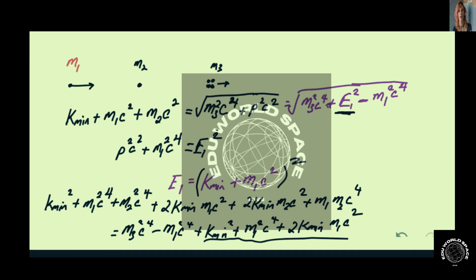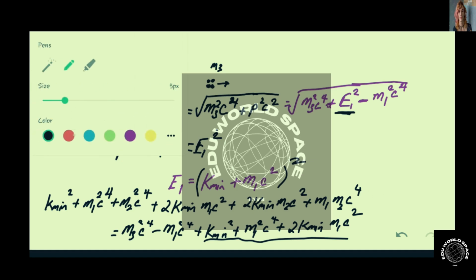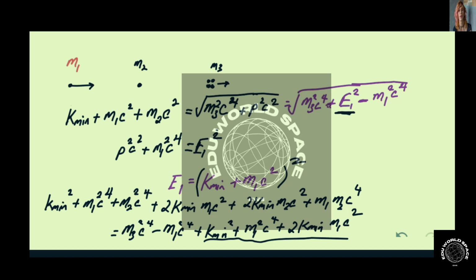So right now we have these two expressions which have a lot of common factors. The common factors include this 2 times K minimum times the M1 C squared, so this over here can cancel out. Then we have M1 squared C to the fourth minus plus, so that's gone. Then we have K minimum squared, which appears here as well, on both sides.